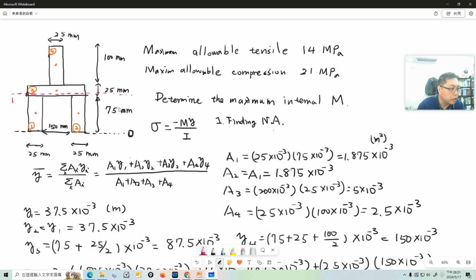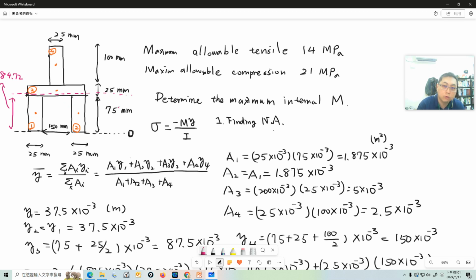84.72 millimeter is above 75, but it's below the centroid of area 3, because here is 12.5, so it's 87.5 millimeter.